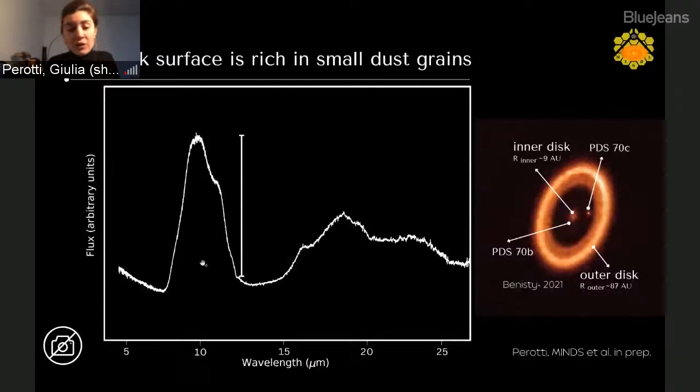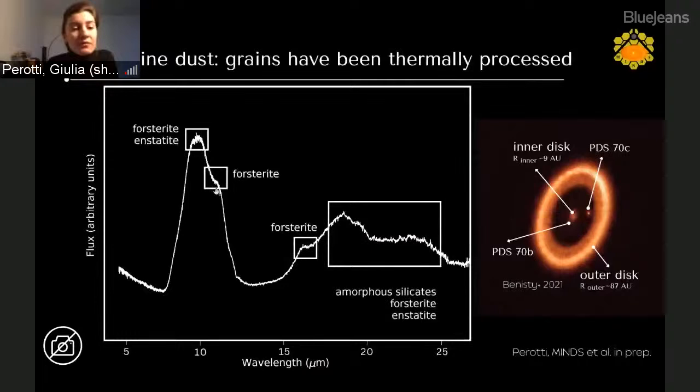If we look closely at the spectrum, we can see a number of crystalline dust features. For instance, forsterite here at 11 microns, again at 16 microns, and also at longer wavelengths between 20 and 23 microns. So this indicates that the dust grains in this system have been thermally processed.